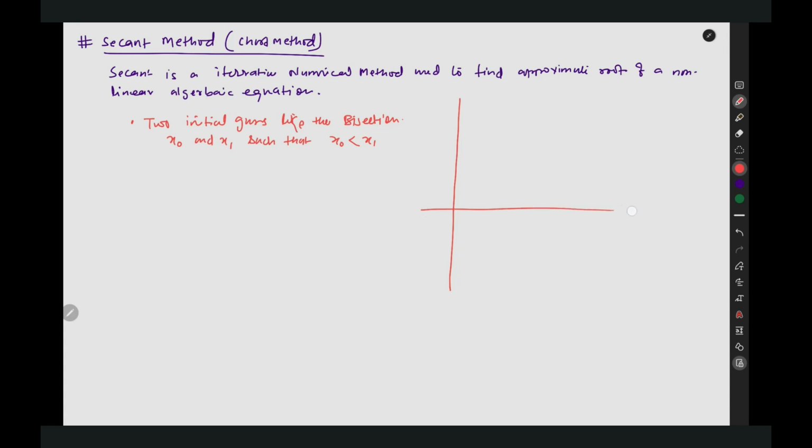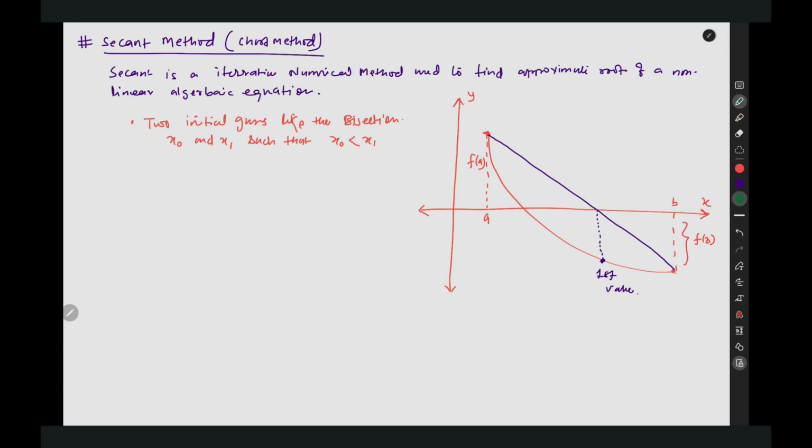Suppose that we have this diagram as x and y, and we have this graph where this value is a and this value is b. The function value here at b is f of b, and the function value at a is f of a. Now we will draw a chord, and we will take this point as the first iterative value, and from here we will again draw the next chord like this.